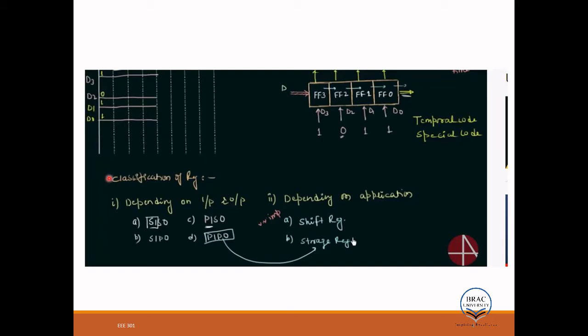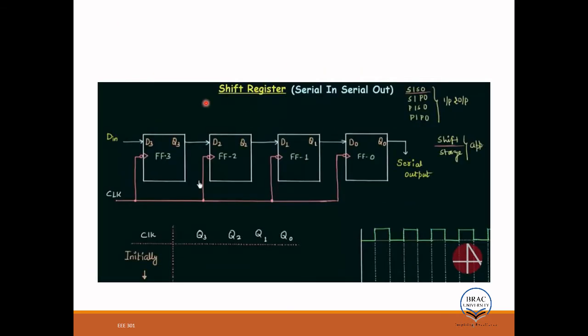Then this 0 will be here for the second clock, so first and second. For the second clock, this is your output, and your initial value was 1 here, so it's getting 1 here.